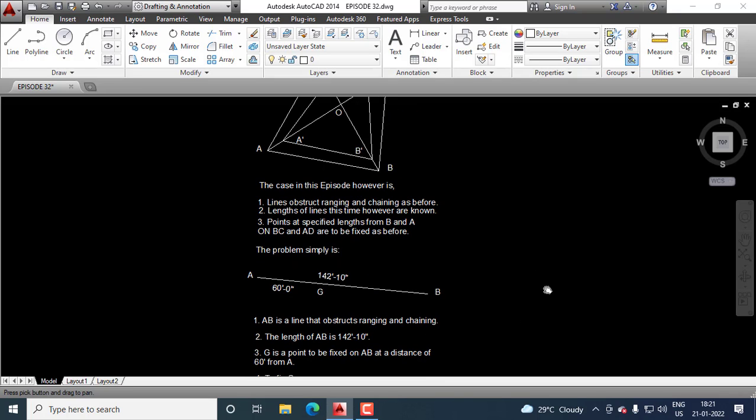So simply saying, the problem is we have a line AB, we know the length of AB, but AB obstructs ranging and chaining. We must fix a point G on AB, the distance between A and G being 60 feet 0 inches.